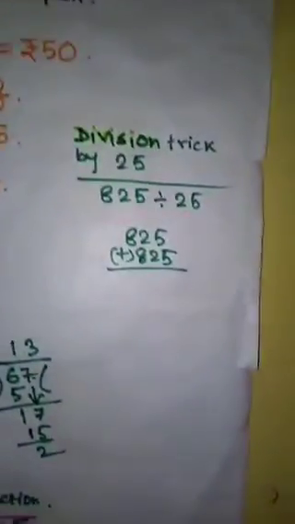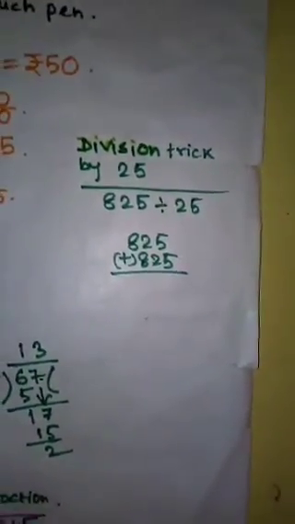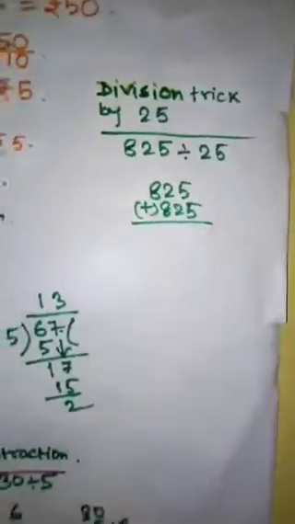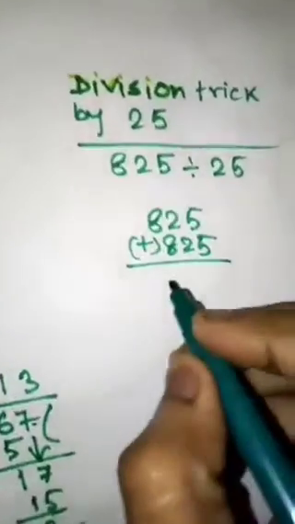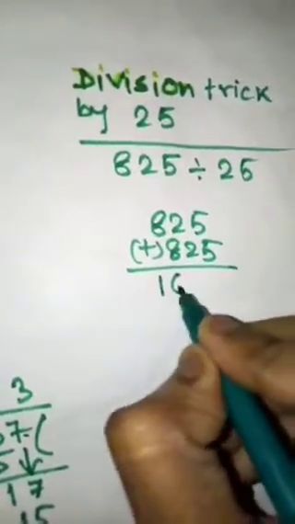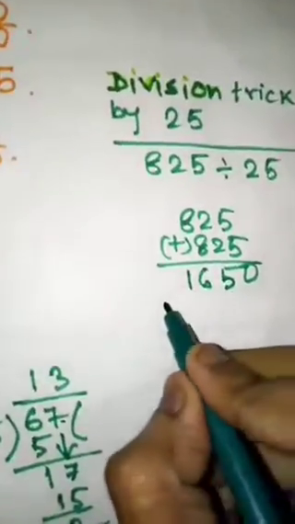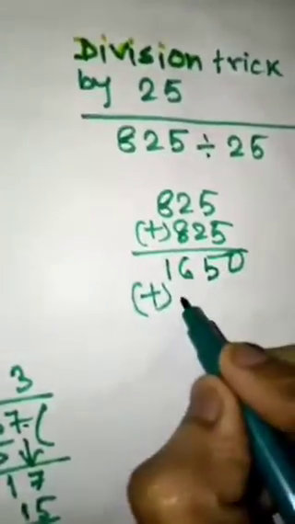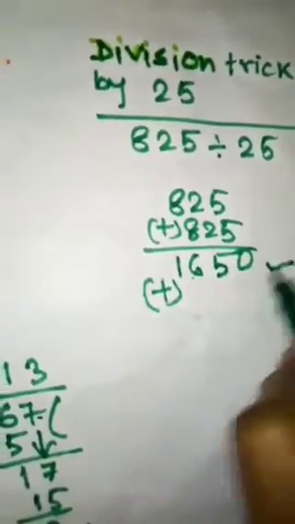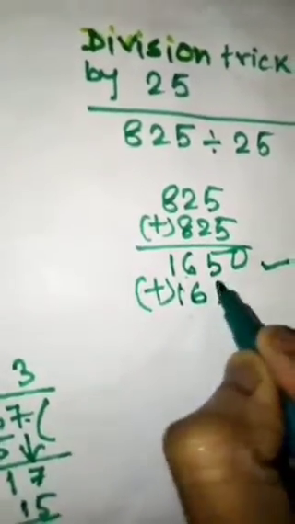Suppose in a class you have been asked to divide 825 by 25. You don't know the tables of 25. So what will you do? You add 825 and 825. How much did you get? 1650. You again add the result you got over here.